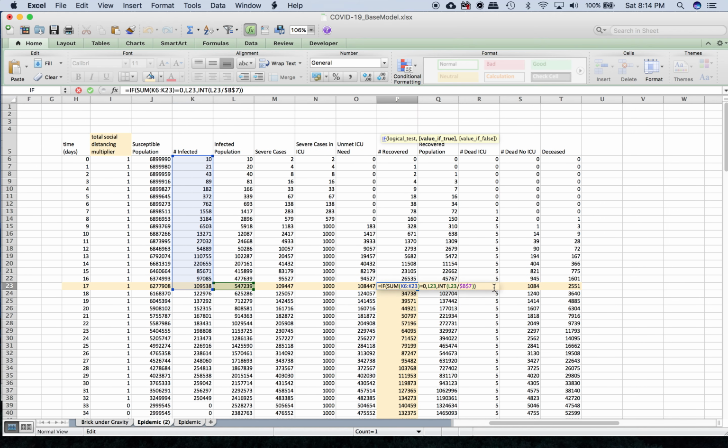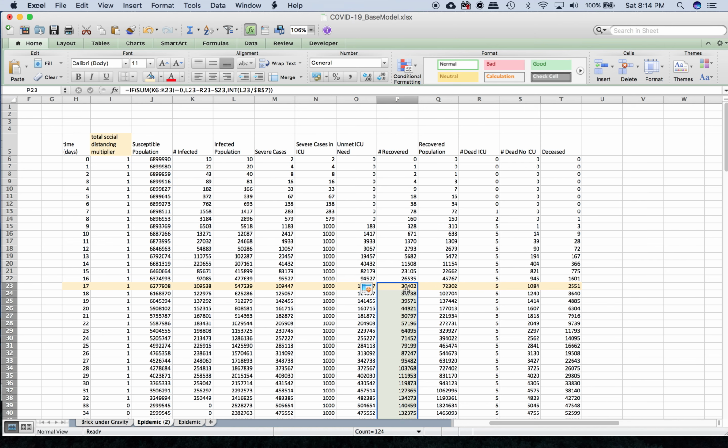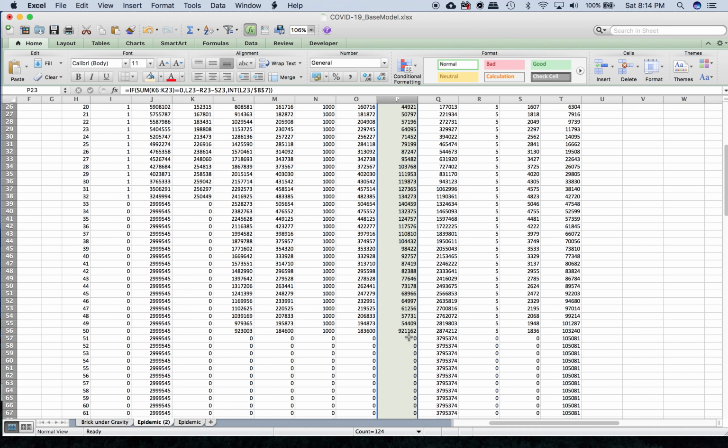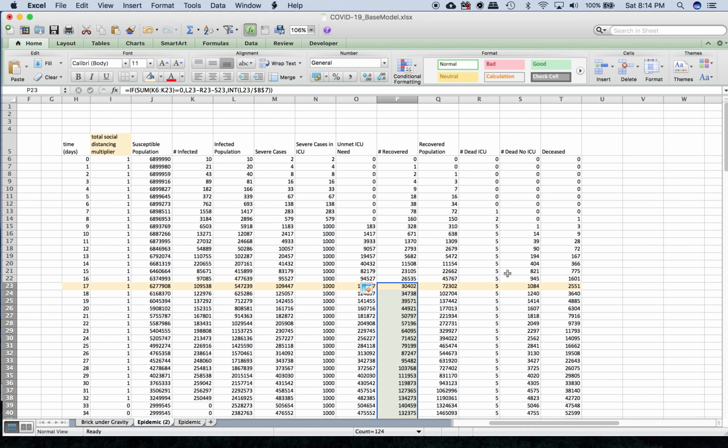So this is going to be R, so minus S23 and minus R23. Oops, R23 minus S23. Redo that. Should have got rid of our negatives. Yep, okay. So what was happening is I was double counting the dead, ICU, not dead ICU.